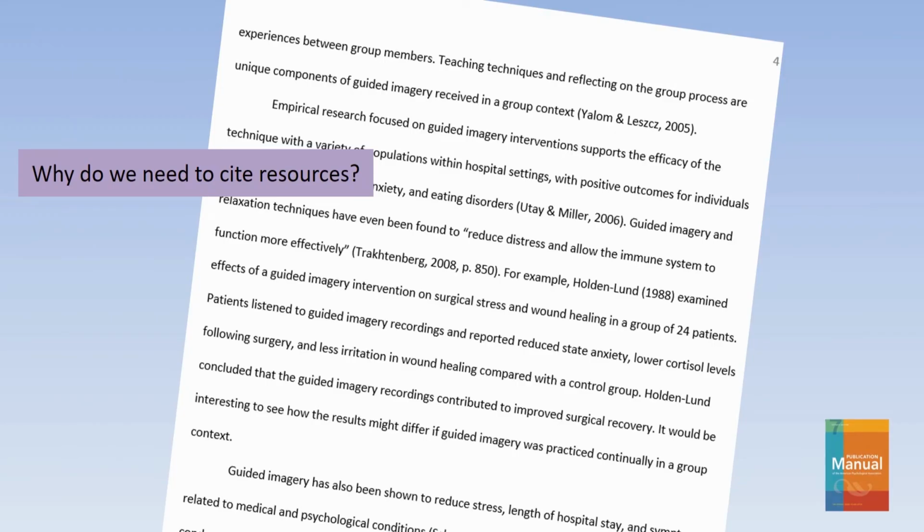First, why do we need to cite our resources? When you write a paper, you will have a combination of information, ideas, and concepts, some that are original to you, and some that come from other sources, the research that you've done in preparing to write your paper. For any information that is not original to you, you must provide a citation that will answer the question, how do you know this?